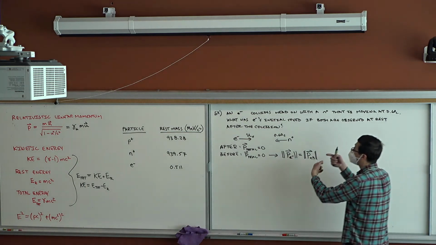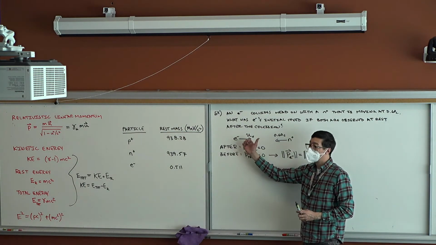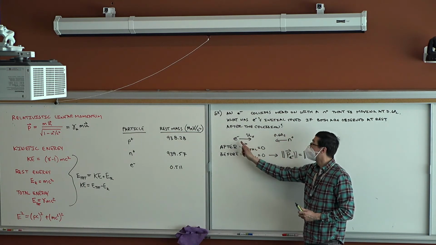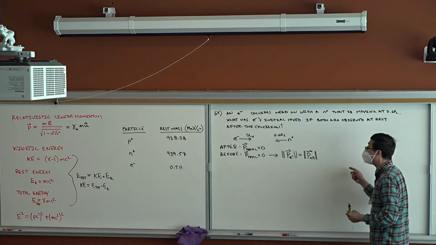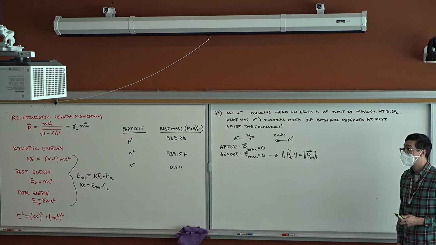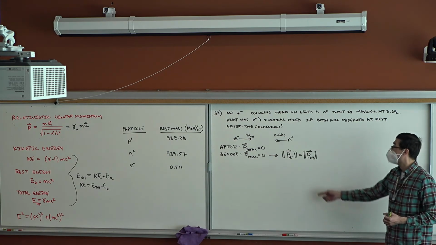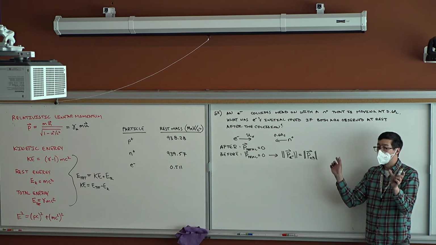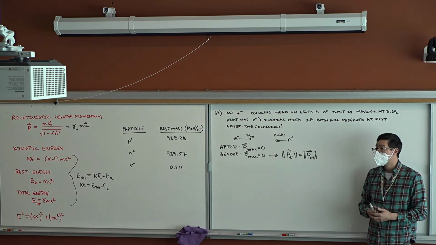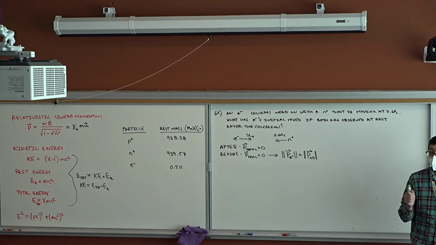They're traveling in opposite directions. Let's say the positive direction is to your right. The electron has positive momentum, the neutron has negative momentum, but they add to 0. So their magnitudes needed to be equal so that the positive and the negative add to 0. That's the only way we can get this to add to 0, right?